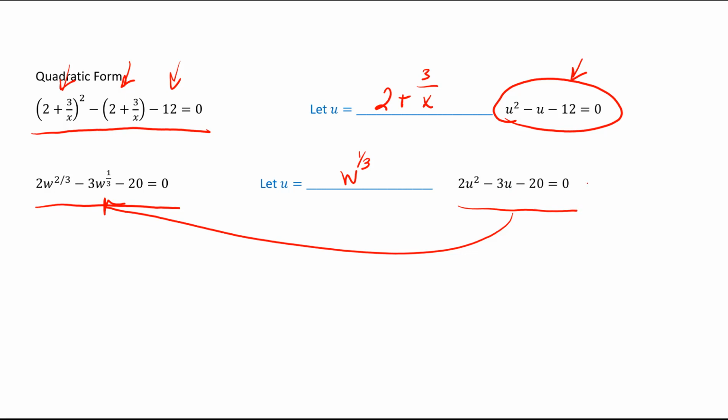So what you're doing is you're substituting a more complicated thing for a simpler thing, so that you can do all the algebra and all the solving with the simple thing, and once you're done, you can put that back in and figure out what the solution to the more complicated equation is.